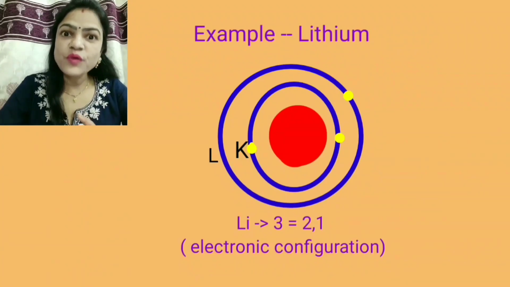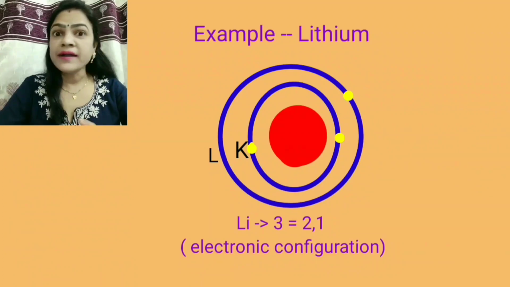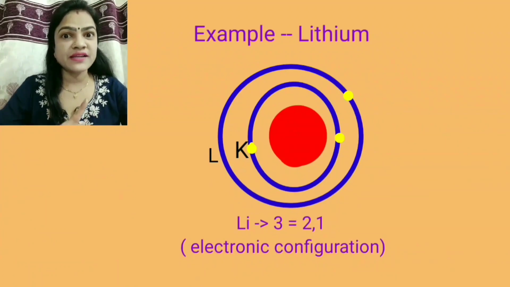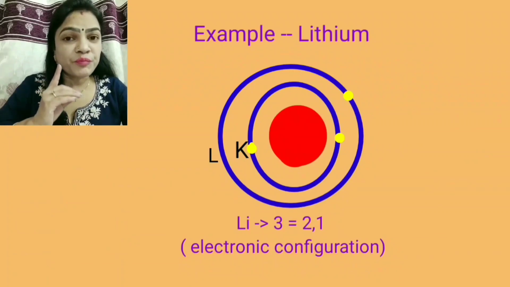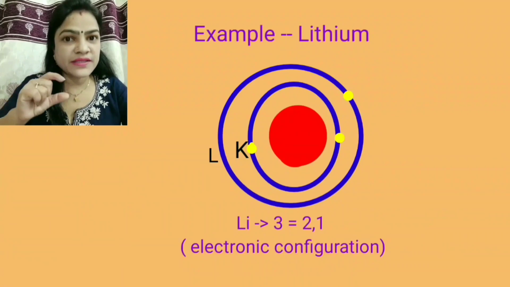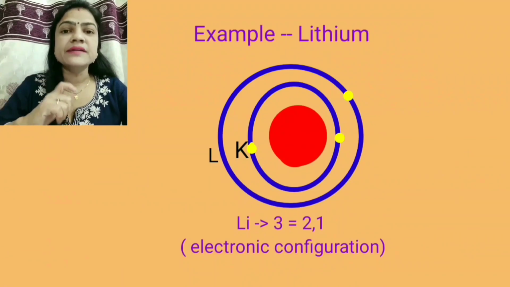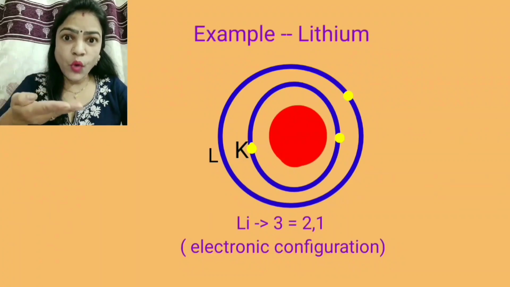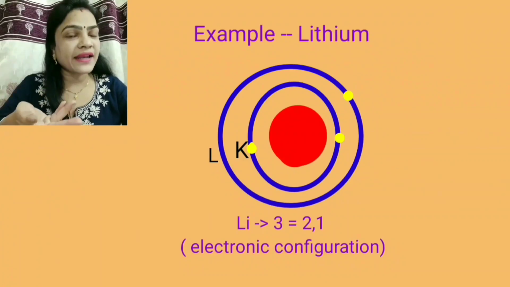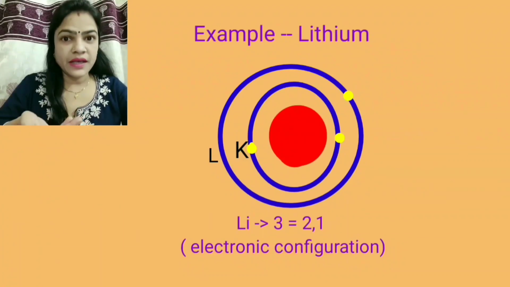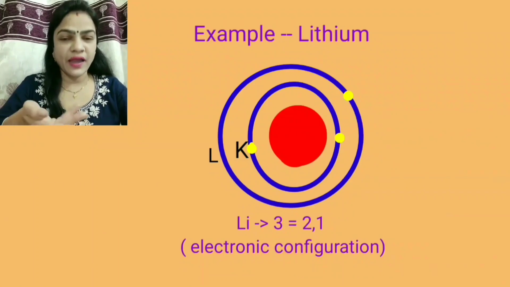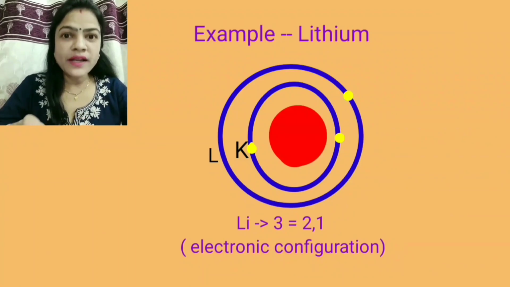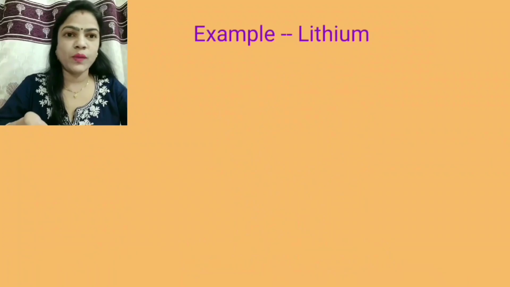The rest of the 1 electron can't enter the first energy level. Why? Because only 2 electrons can take place in the first energy level, and the remaining 1 electron will go to the second energy level. Now clear? I hope you all can understand very well.